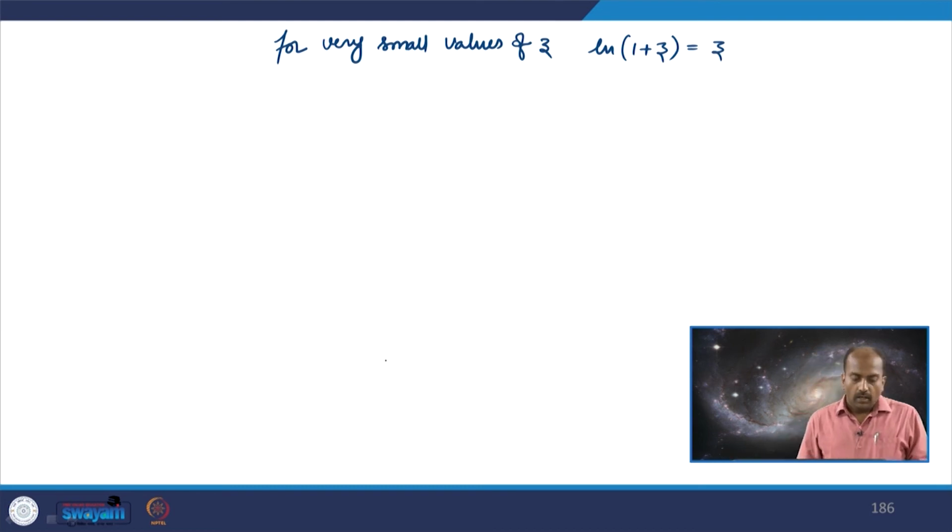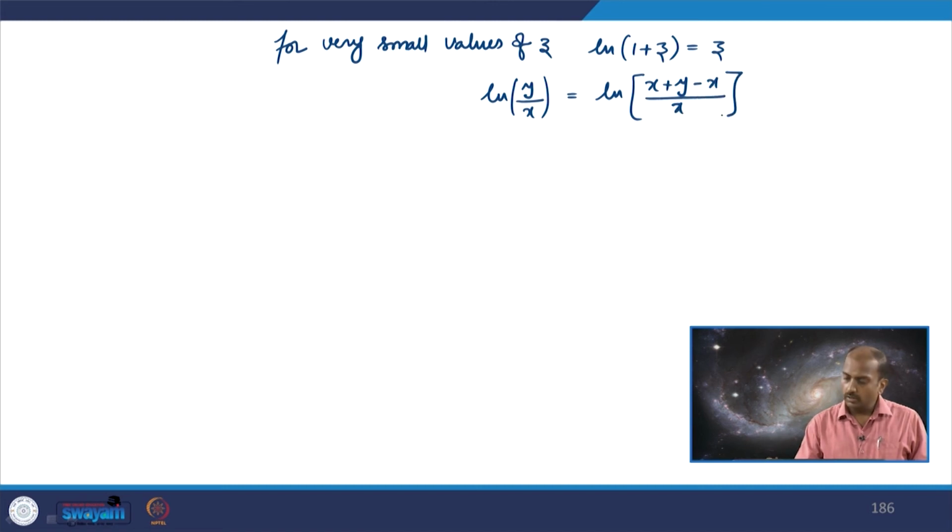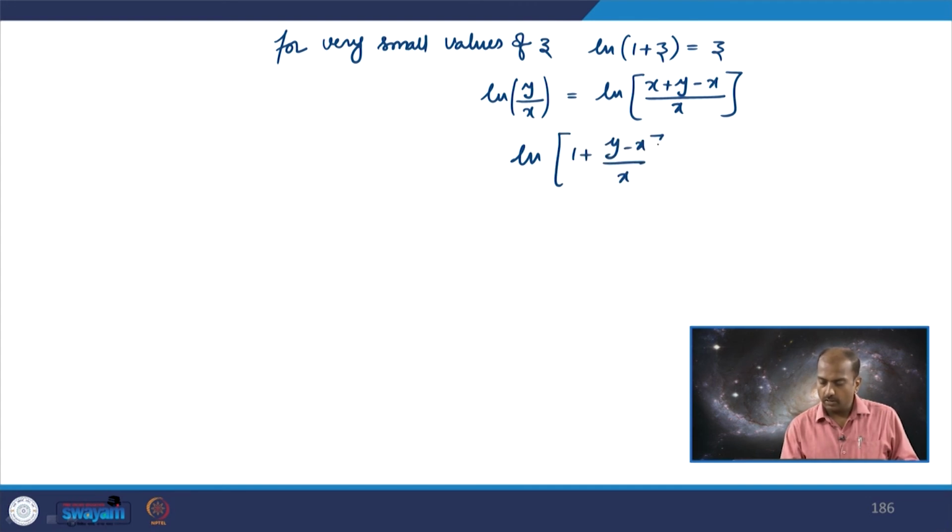Now, let us say we have ln of y by x. We can write it as ln of (x plus y minus x) divided by x, or ln of (1 plus (y minus x) by x).